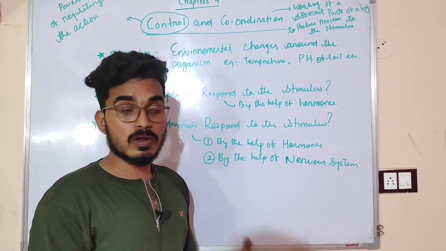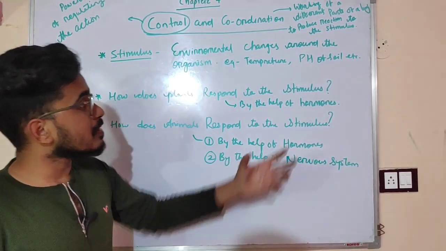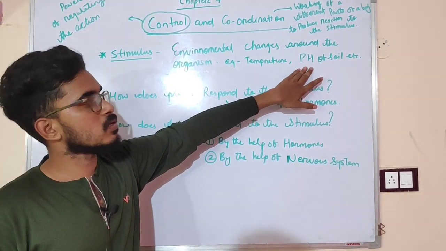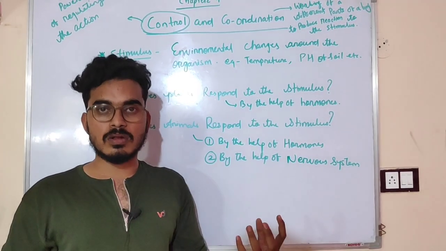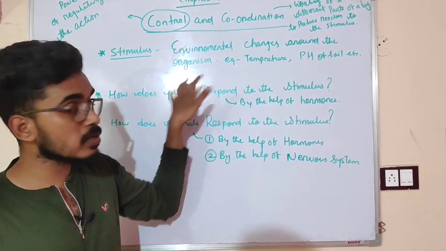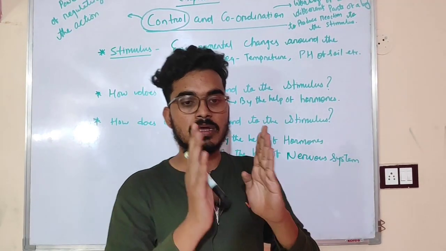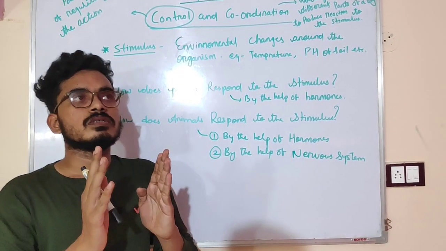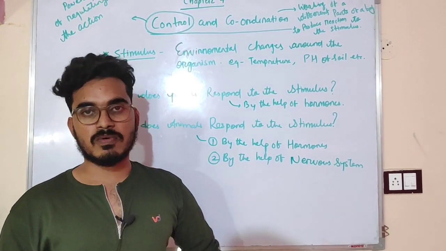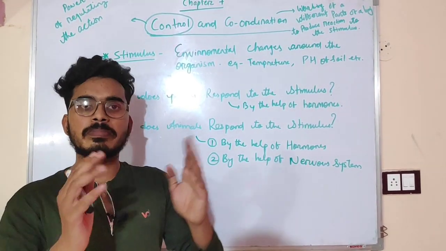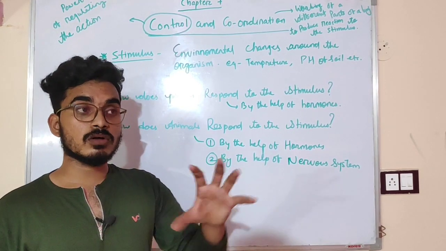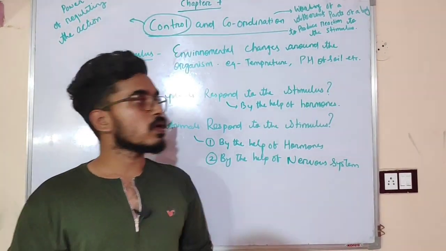Likewise, if I take an example of a plant, a change in pH is also one kind of stimulus for the plant. For a plant, an optimum pH is required for its growth.